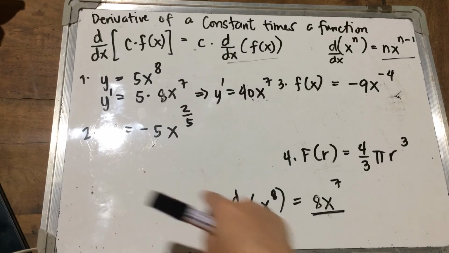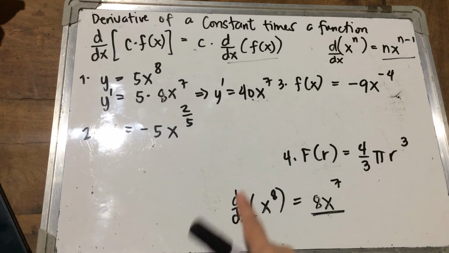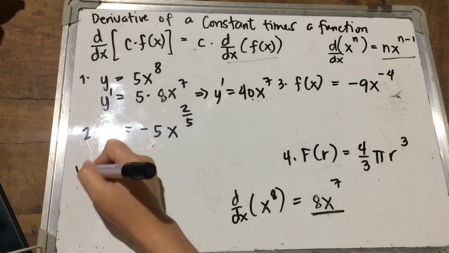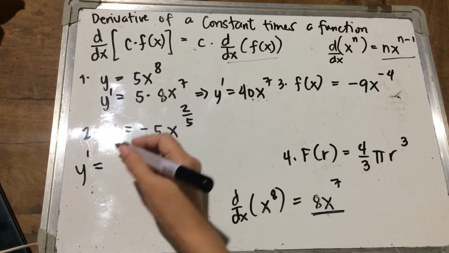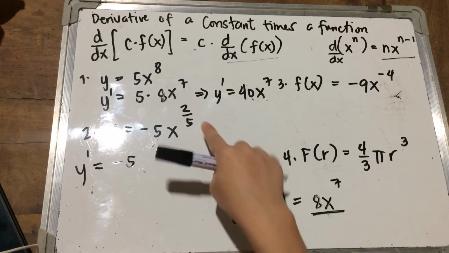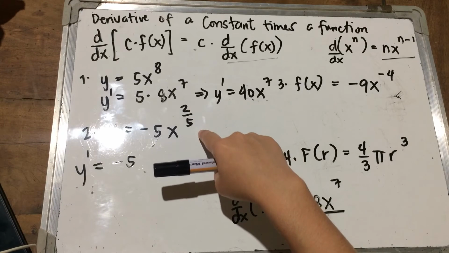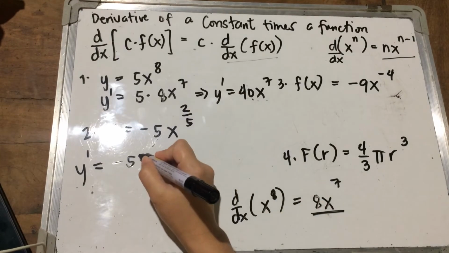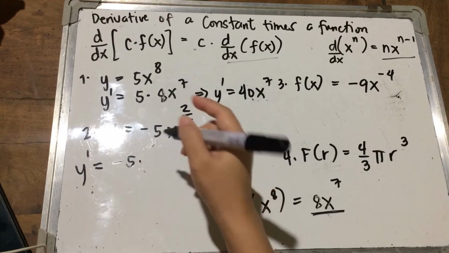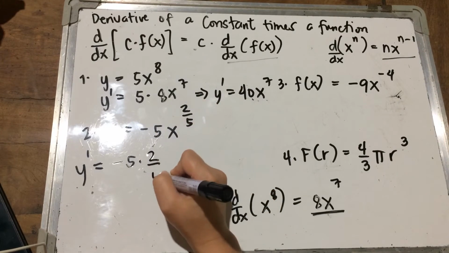Number 2. Ang gawin natin yung shortcut na agad, kaysa mag-set aside pa tayo ng constant. So, we have y prime, that is the notation for the derivative, and then negative 5. Kung nahirapan kayo kapag may fraction, pwede nyong i-step by step. Times, baba si constant, 2 over 5.